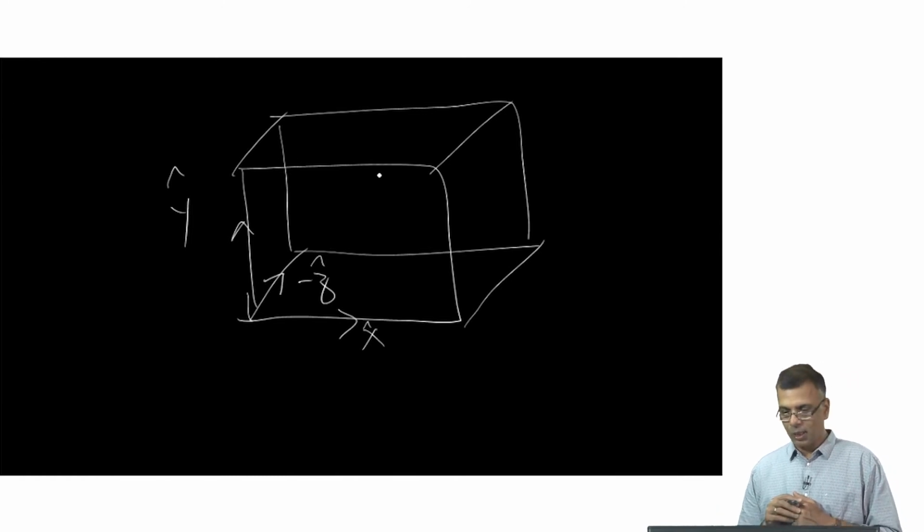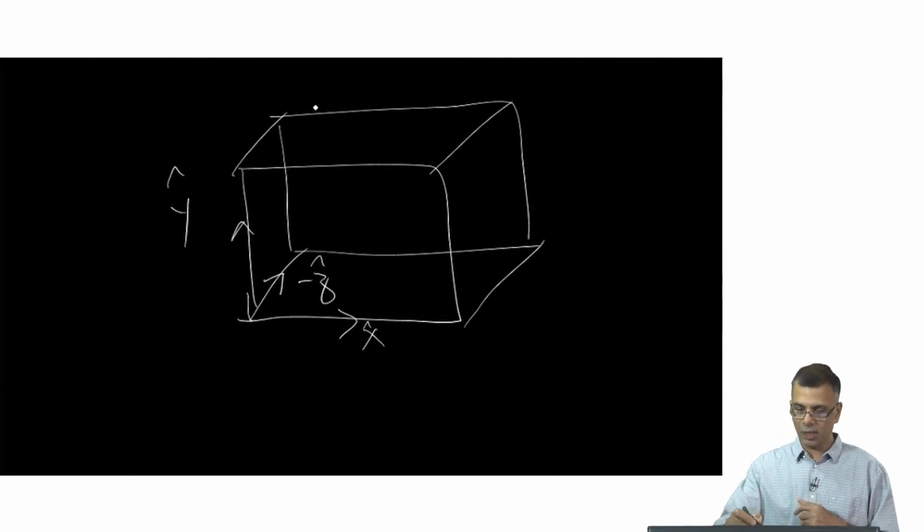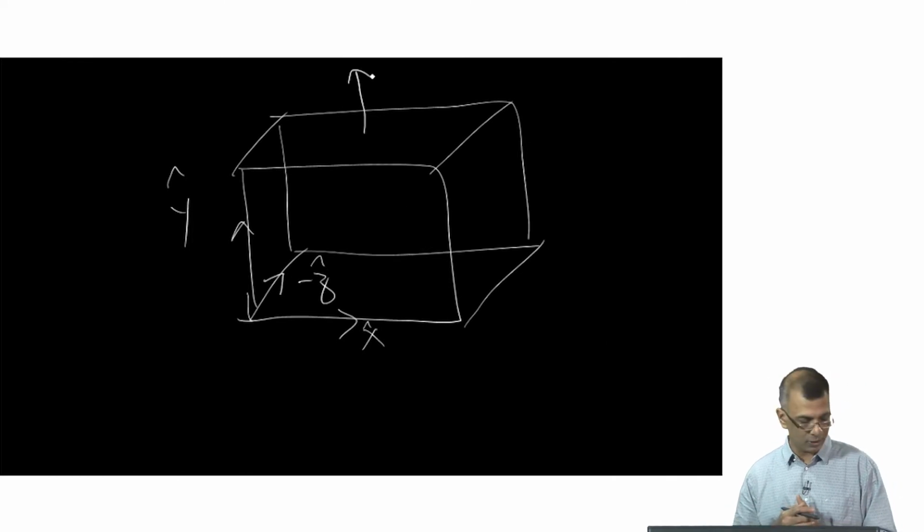Now you see there can be different kinds of forces. Say you concentrate just on this top surface. What direction is the outward normal of this surface pointing in? It is pointing this way, in the y direction. So, there can be a force on this surface in the y direction. There can also be a force like this.